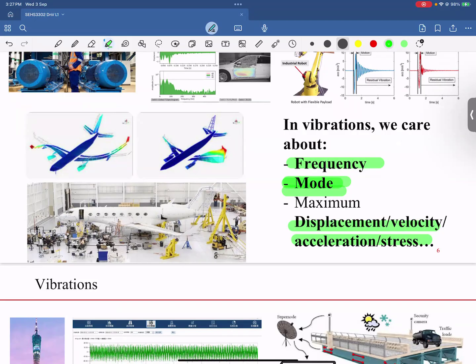So at a specific utilization condition, what is the maximum displacement if it vibrates? And can the single part inside bear the loading of the maximum stress? You need to verify, you need to have an experiment or simulation to validate those specs.